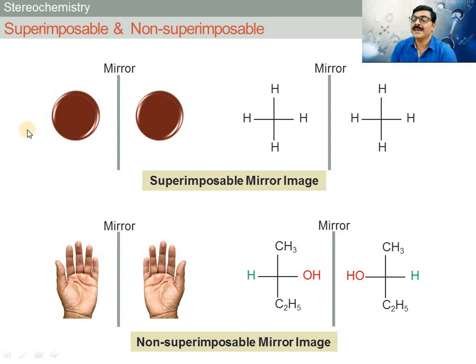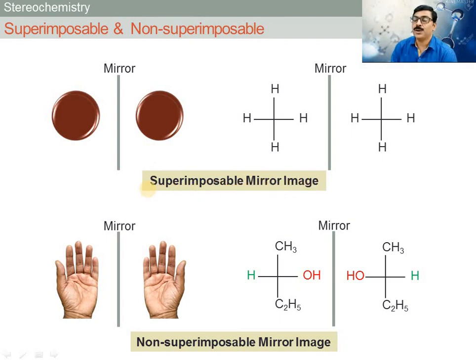Now let us see the first diagram. The mirror image of a ball is the same, that is identical, because it is circular or spherical in shape, and such an image is called a superimposable mirror image.